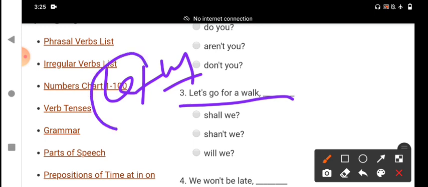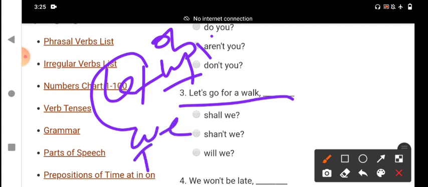Let is always followed by an objective pronoun. We is a subjective pronoun, in plural. I is subjective, me is objective, as we have already known. He, him; she, her is the objective pronoun; they, them.